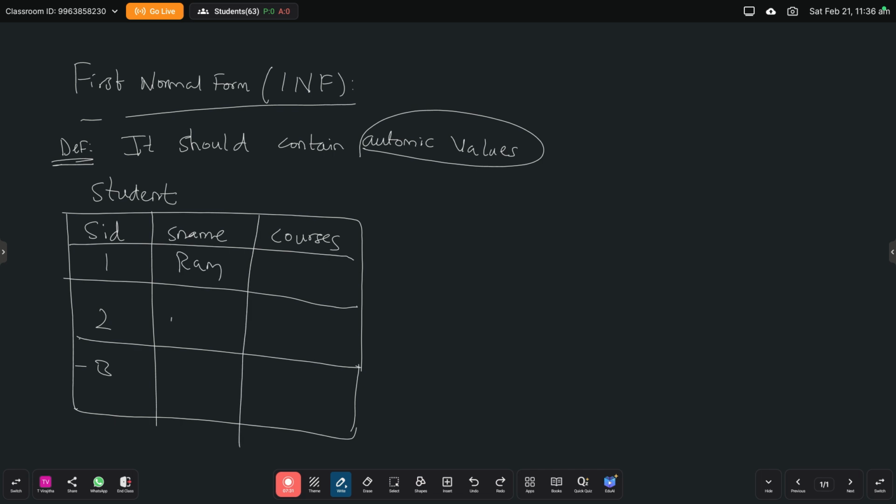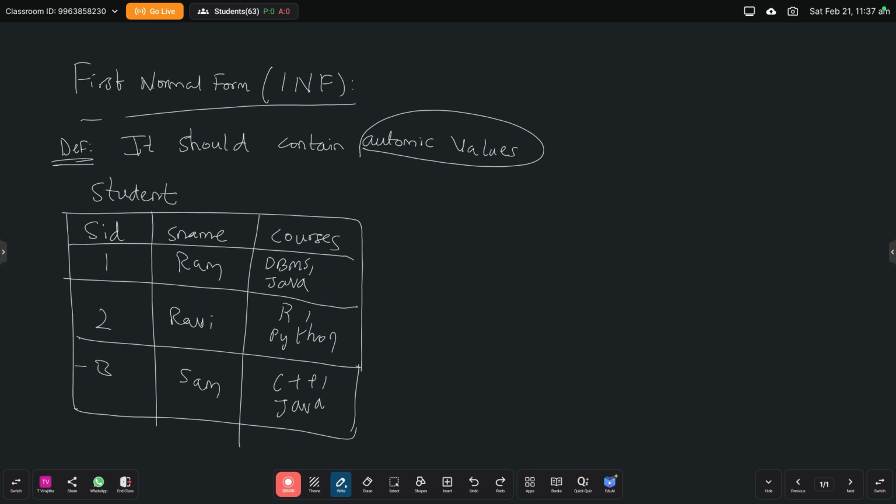Names are Ram, Ravi and Sam. For Ram, the courses are DBMS, Java. For roll number 2, registered for R and Python. And next registered for C++ and Java.